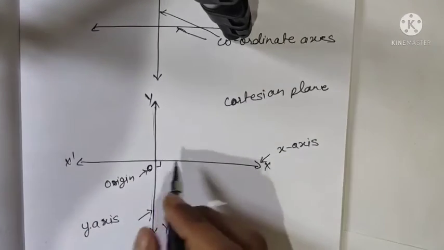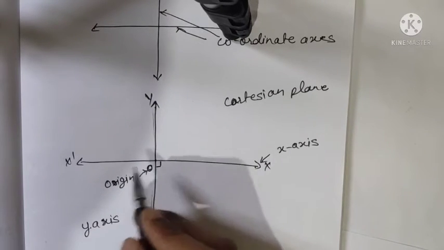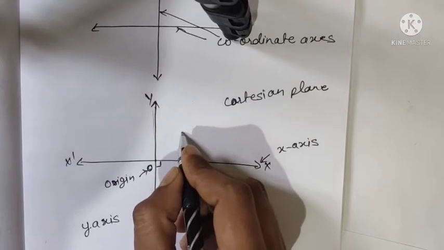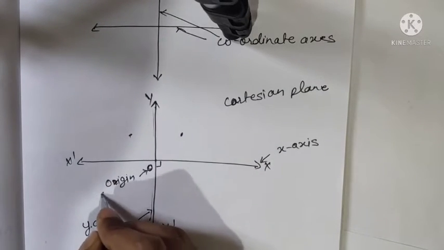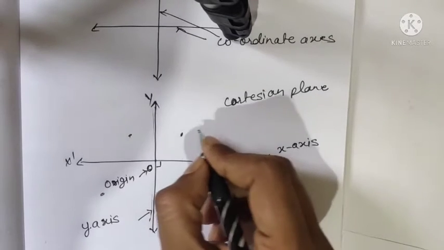Now in this manner these two lines divide the Cartesian plane into 4 sections, such as this section, this section, this section, and this section. These sections are known as quadrants.